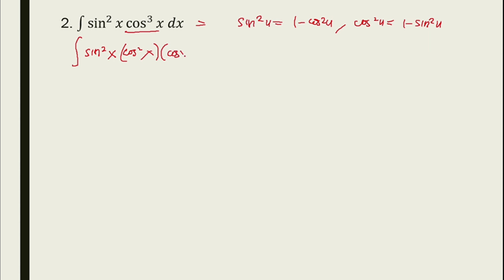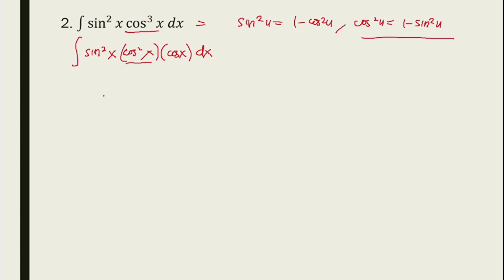After we have factored this, we have the integral of sine squared x cos x dx. So we have to transform this part into sine.